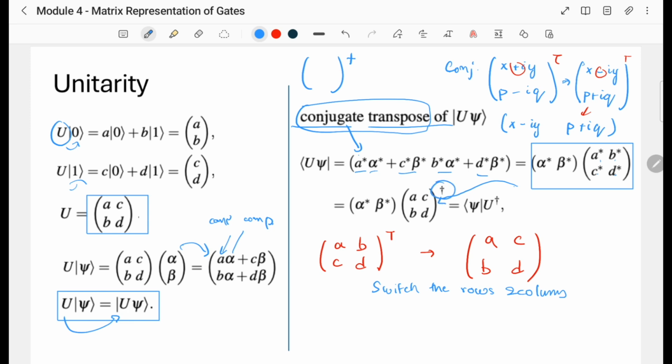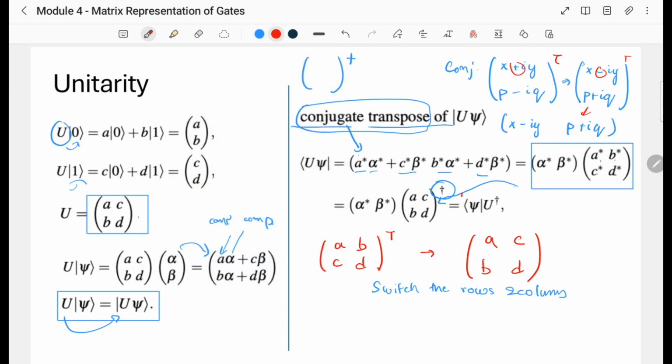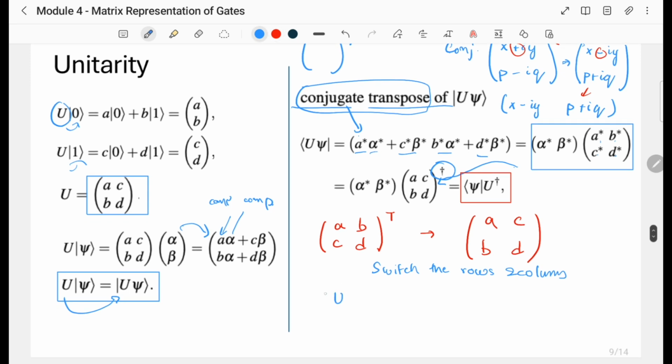You remember this symbol, so we just use this symbol to denote that this is a conjugate transpose, and we obtain this. So what does this mean? This means that U psi is equal to psi with the conjugate transpose. This is similar to the place where we started.